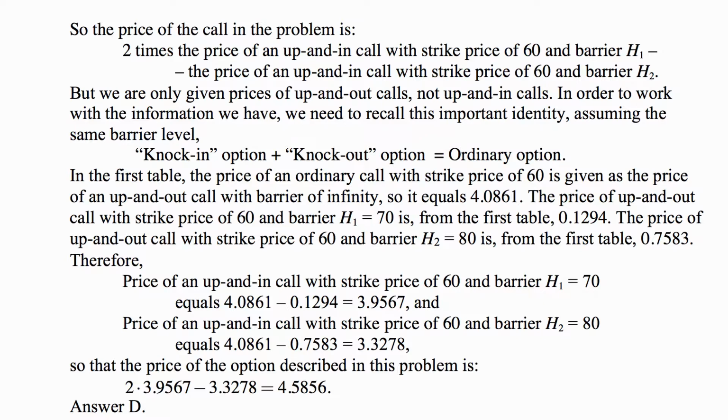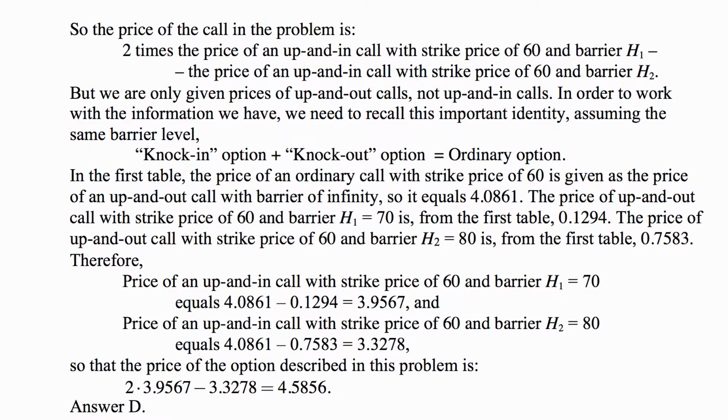So in order to work with the information we have, we need to recall this important identity, assuming the same barrier level: a knock-in option plus a knockout option is an ordinary option, because if you activate and cancel, they cancel each other out, basically.